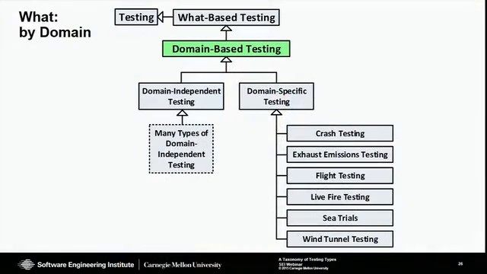Okay, let's move on to a different approach. Rather than just the objects under test, let's take a look at what kind of domain we're talking about here. Most of the types of testing that I've mentioned so far are on the left-hand side here. They're basically domain independent. You can use those kinds of tests for testing basically anything. On the other hand, there are a lot of different domain-specific types of testing.